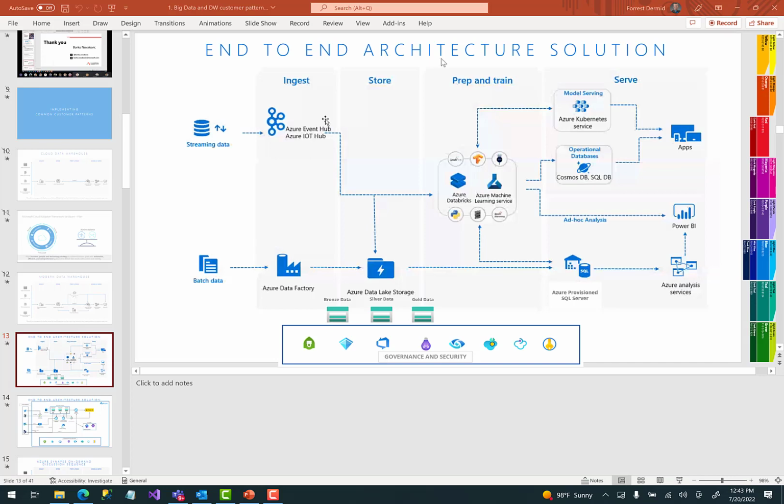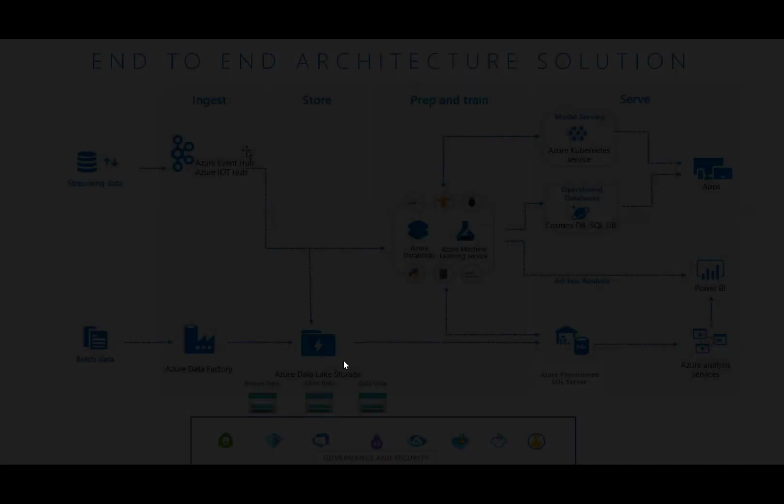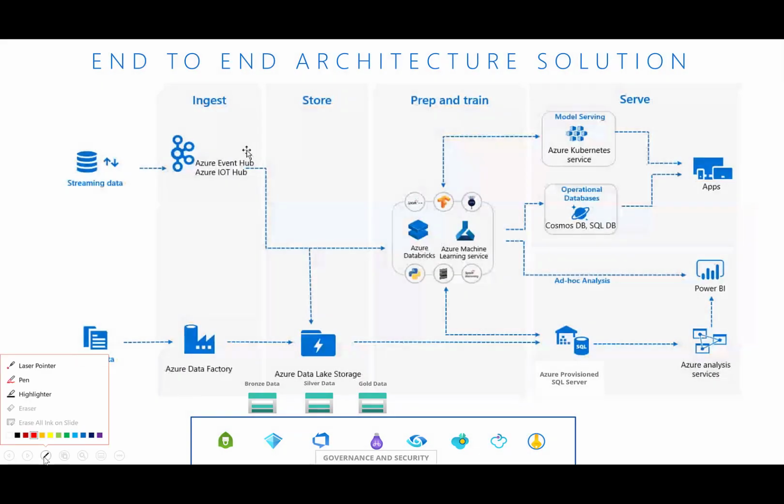And in this particular use case, what we're going to do is take a look at starting with zip files. So we're going to take a couple of zip files. We're going to use Azure Data Factory to take those zip files, land them into Data Lake.